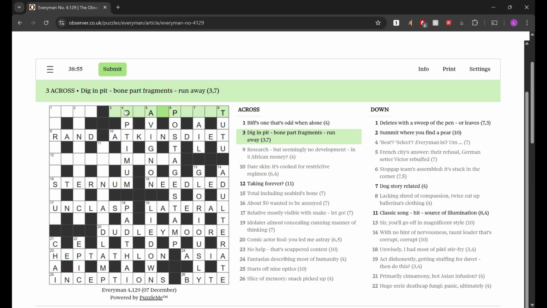So we've got pit as well. Maybe we're just anagramming a part of bone. Maybe just the. Oh, okay. See it now.